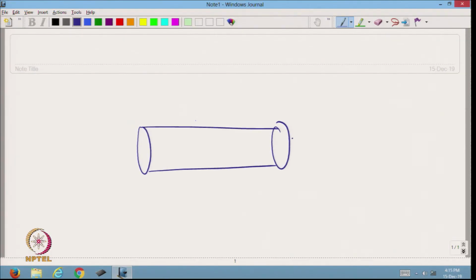This is the cylinder, which rotates, a rotating cylinder. Now, the reinforcing material packages are there, and the number of packages we can take.